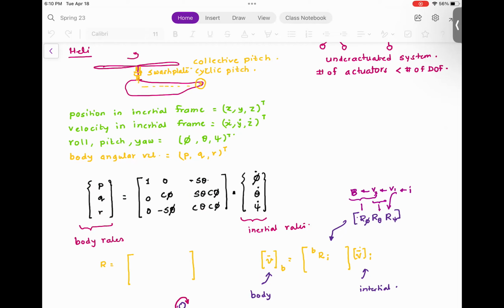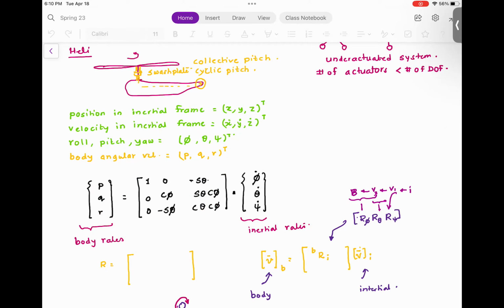The only thing I want you to understand is you have a relationship between the body rates and the inertial rates. Body rates are measured by the gyro, which is on the quadcopter. And then the inertial rates are determined using an iterative approach.